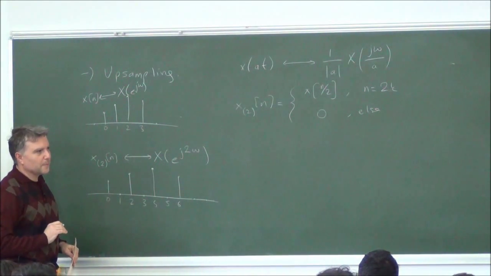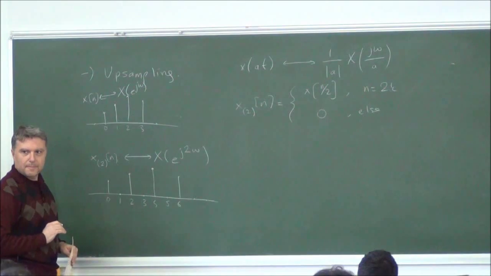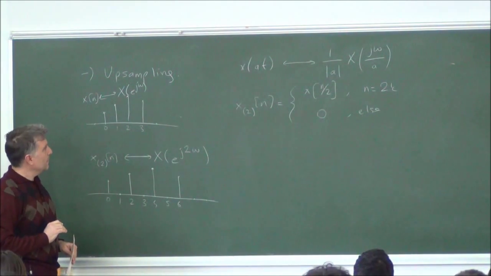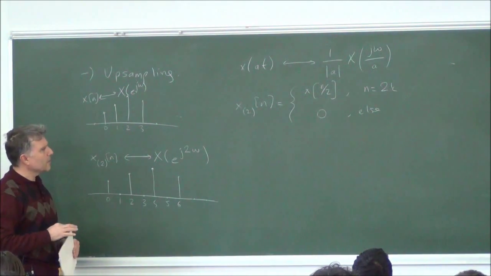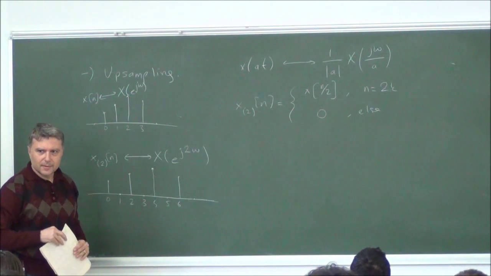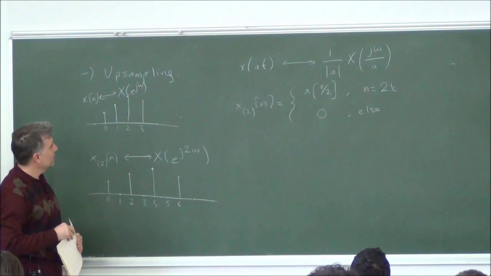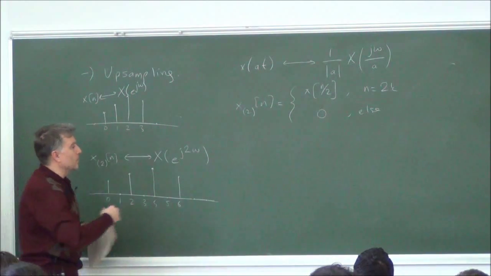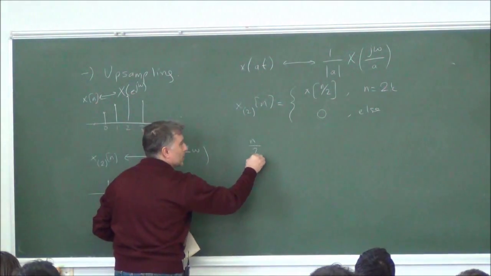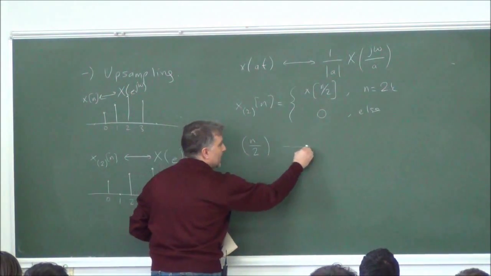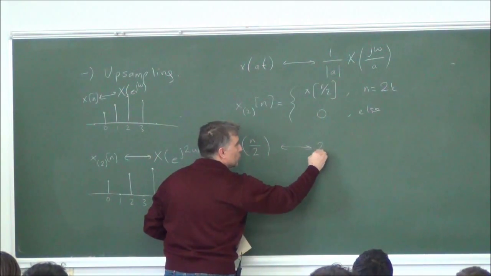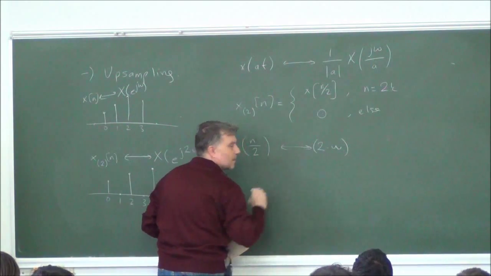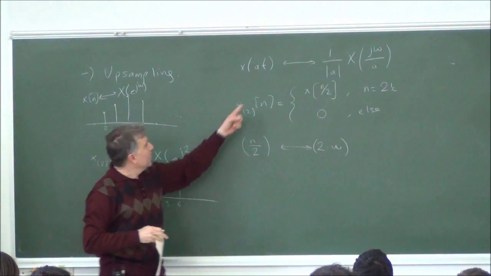That's it. 2 times x. What do you mean? When we multiply it by 2, it becomes one over a, no, it's like this. N over 2 in time will have a relation as 2 times omega in the frequency.